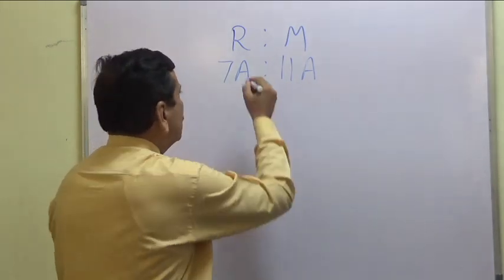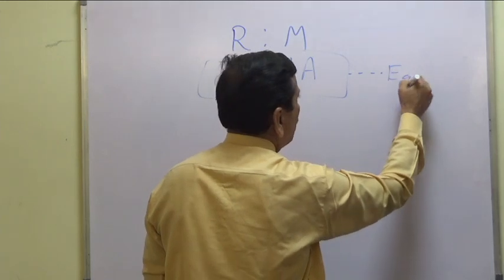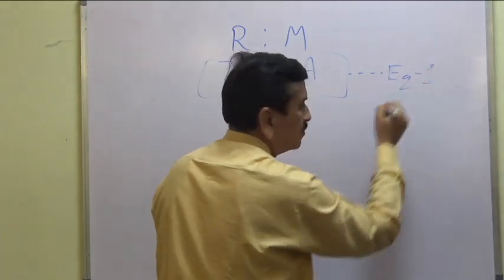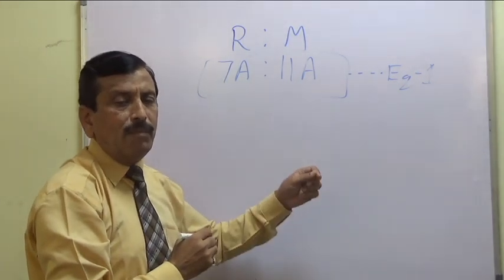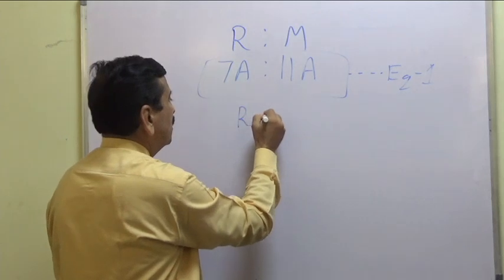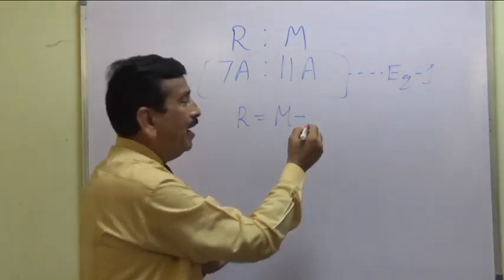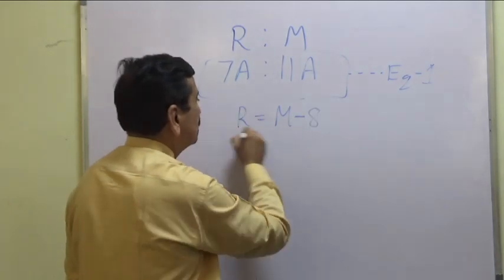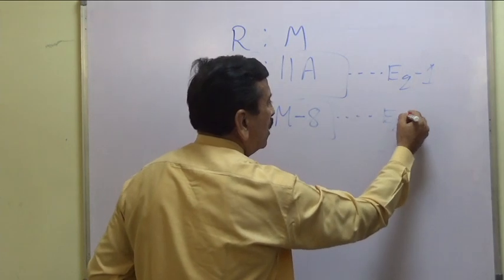This is the first equation, equation number 1. And Ram is younger than Mohan by 8 years. So Ram's age is equal to Mohan's age minus 8. So this has become equation number 2.